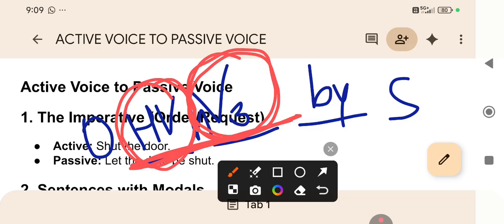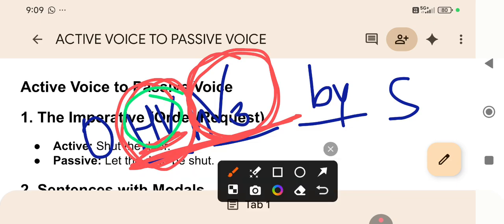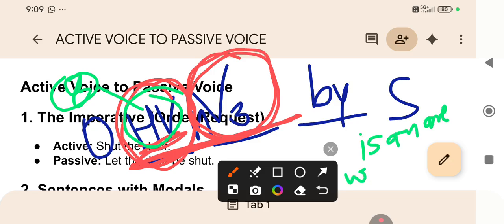Now come to the point. Here you have to take the be form of the helping verb. Out of the 8, you just have to remember these 8 helping verbs: is, am, are, was, were, be, being, been.